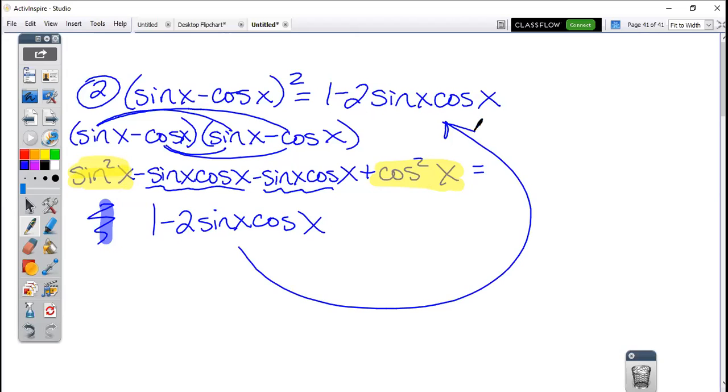And we're done. Okay. I tried even on the review to make them where they weren't too bad. I tried. Sometimes they just are. Everybody good on number 2? All right.